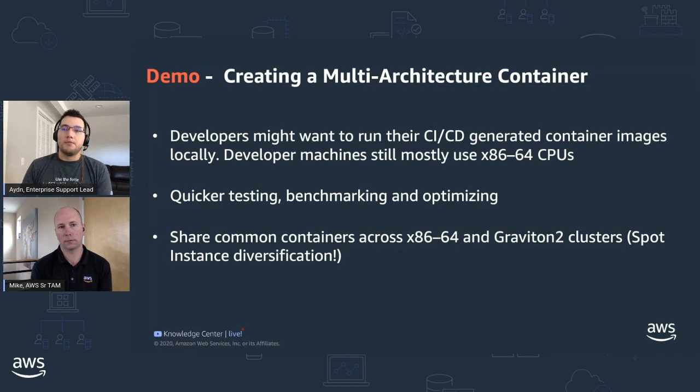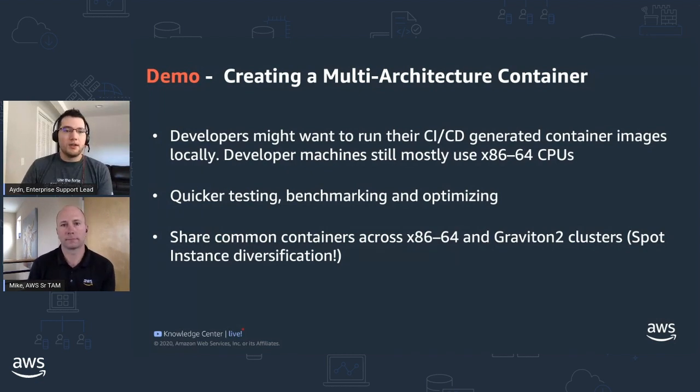Another reason I just thought of is you can have lower cost builds if you're building on ARM instances, for example for IoT devices or you name it. That can save costs there as well.